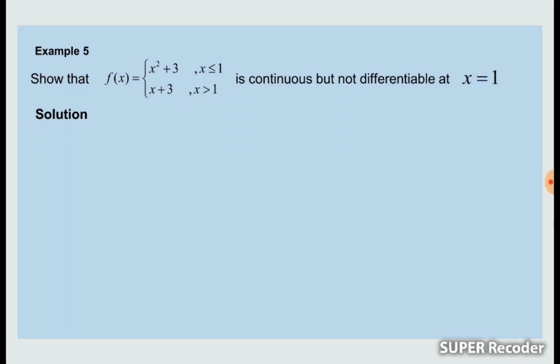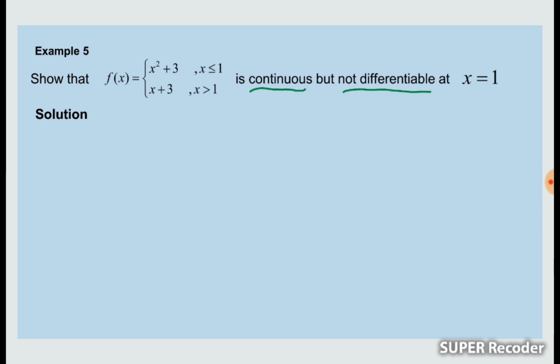Example 5. Show that f(x) equals x squared plus 3 for x less than or equal to 1 and x plus 3 for x more than 1 is continuous but not differentiable at x equals to 1. So we have two parts here. The first part is to show that f(x) is continuous at the point x equal to 1.